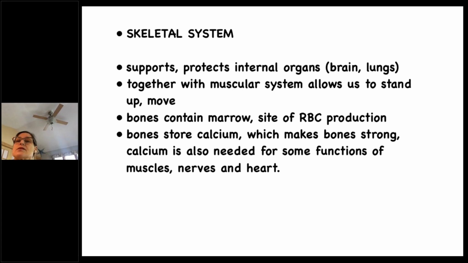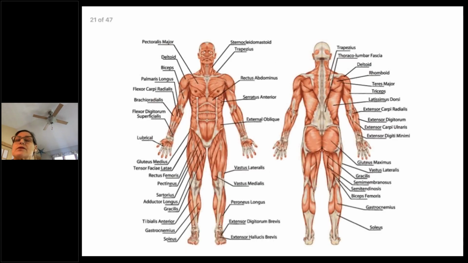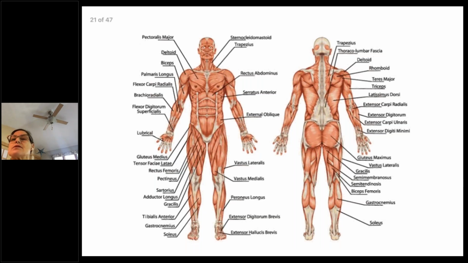The muscular system. We have muscles covering our whole body from head to toe. These are the muscles we are most familiar with, the skeletal muscles that are attached to bones and that move our arms and legs and our face.